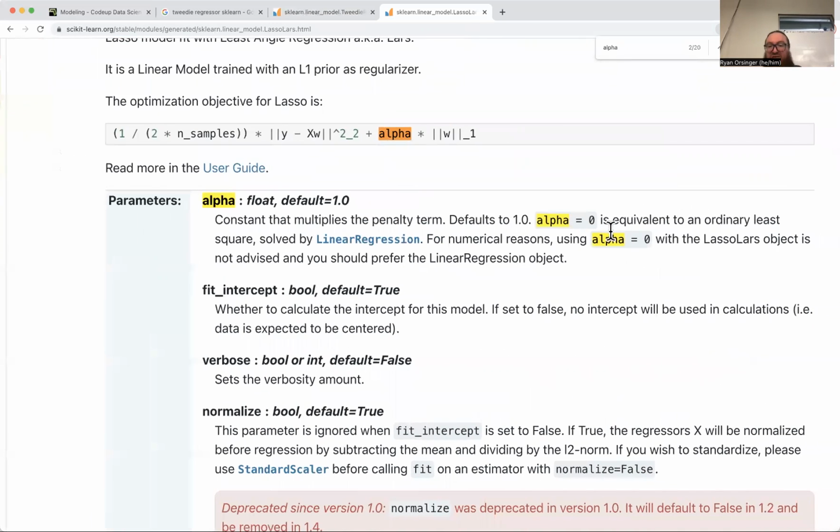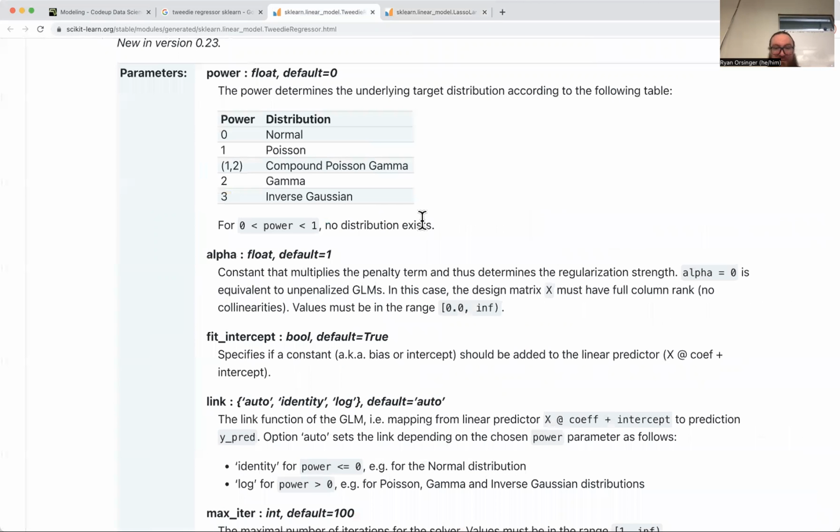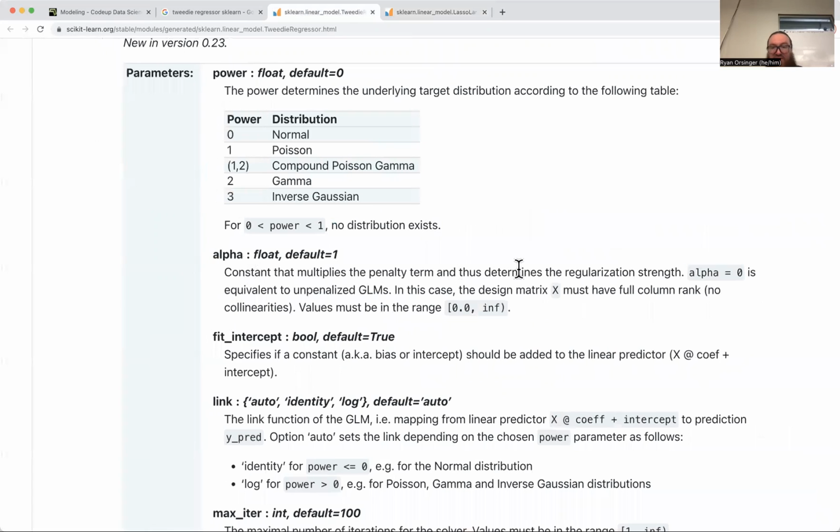Okay, they're both penalty terms. Defaults to 1, 0 is equivalent to OLS. For numerical reasons, using alpha 0 is not advised, and you should prefer a linear regression object instead. So this is multiplying a penalty term. So yeah, they're both related to regularization as well.